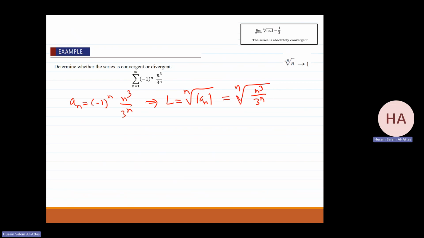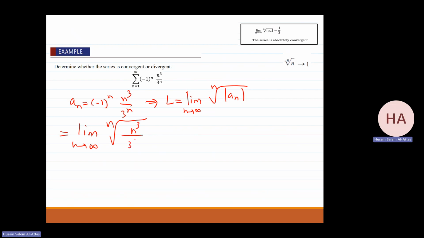And that is what? Don't forget the limit. That equals the limit as n goes to infinity, absolute value, the -1 will be gone. I have the nth root of n cubed over 3 to the power n. This is the limit as n goes to infinity of what?